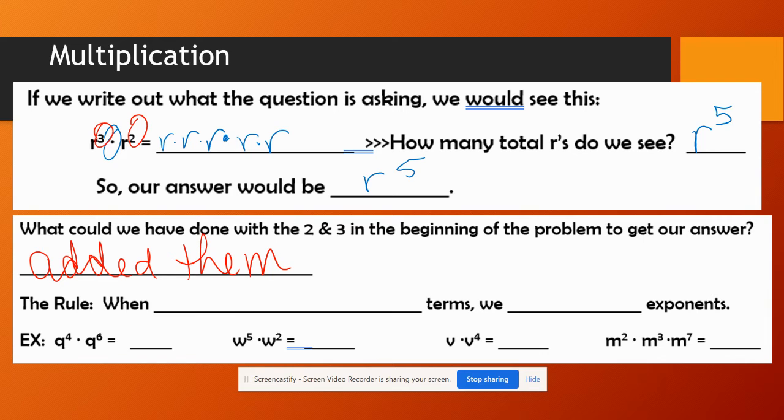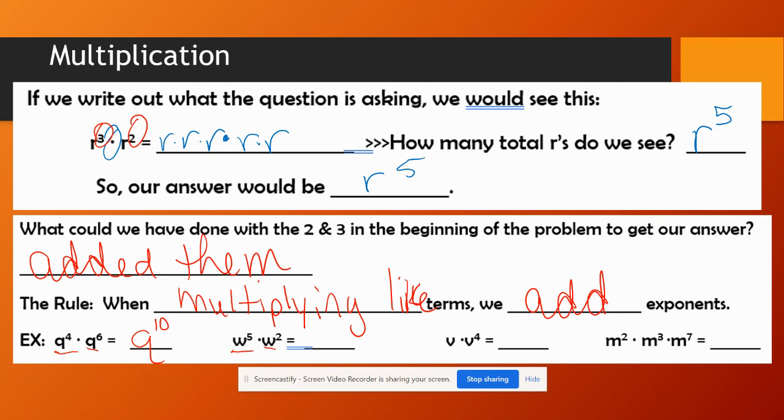So that brings us to our rule that when we are multiplying like terms, we add their exponents. So our bases here are q and q. That means we're going to do 4 plus 6, which is 10. So our answer would be q to the 10th.